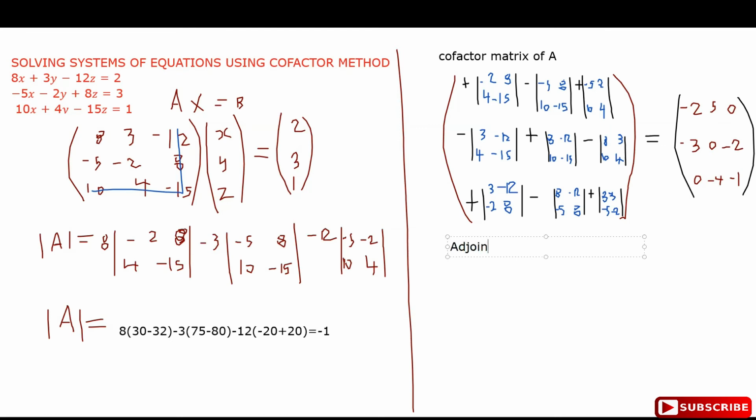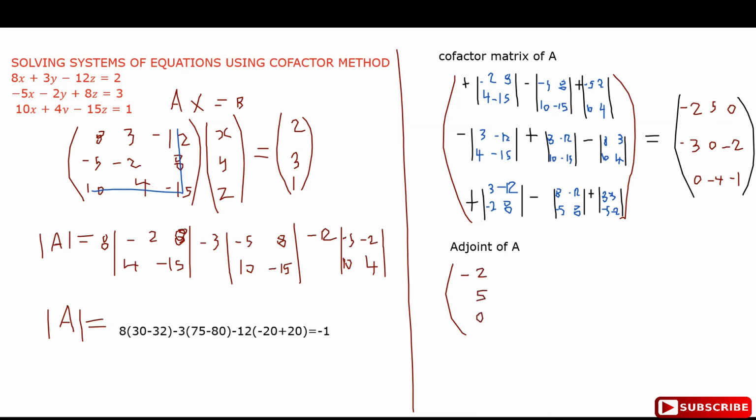The adjoint of A is going to be equal to the cofactor matrix transpose. So we're going to transpose this matrix: this row becomes this column, so it's going to become minus 2, 5, 0 going down.